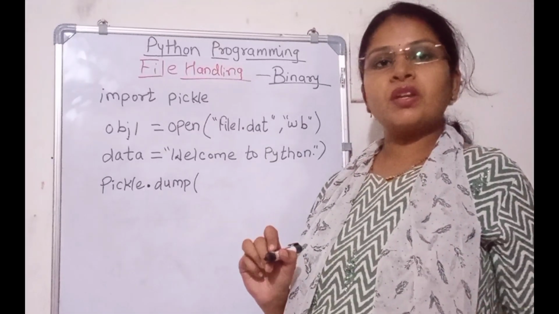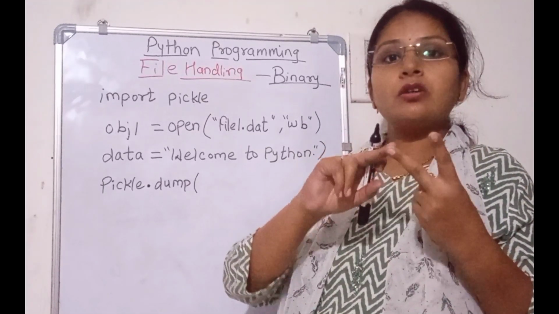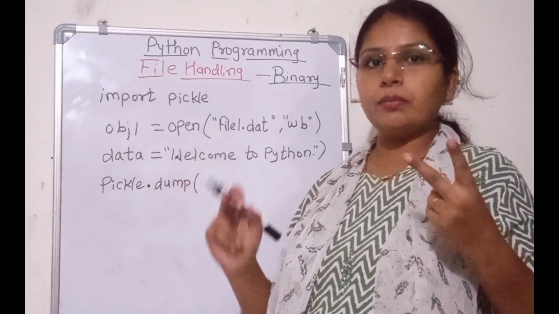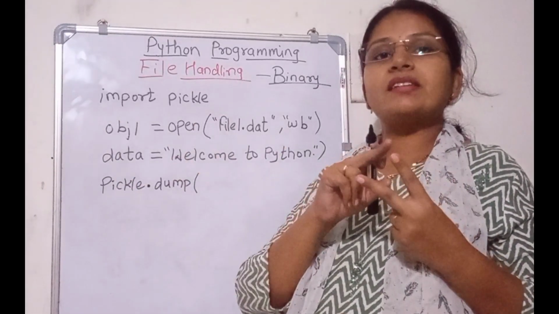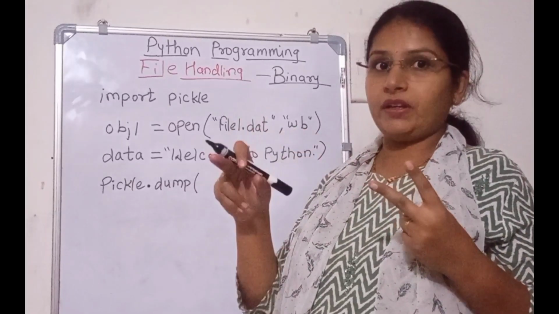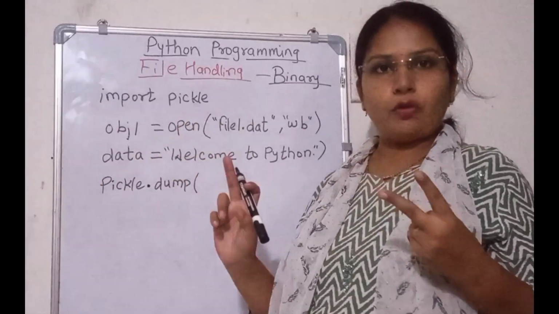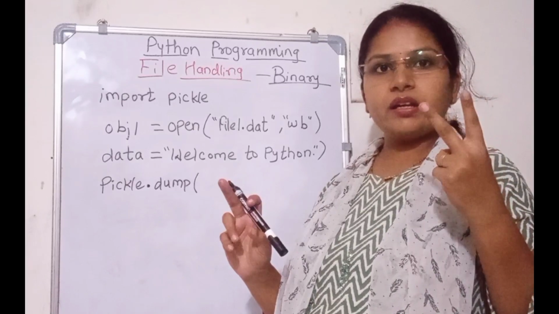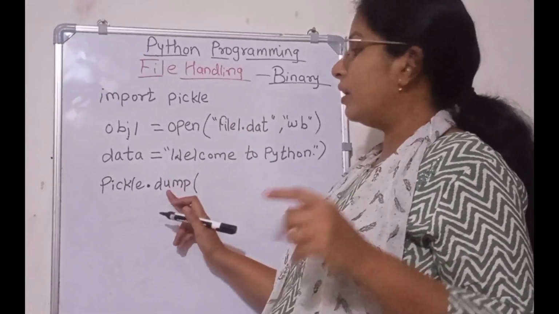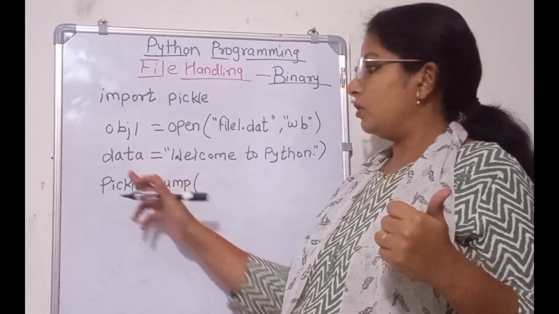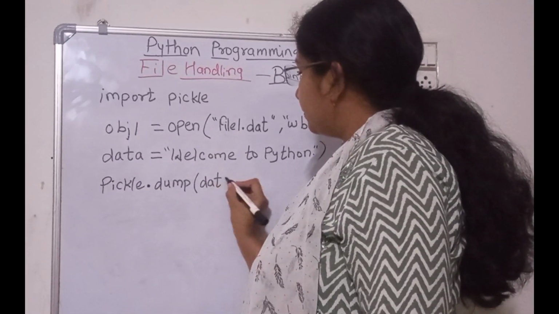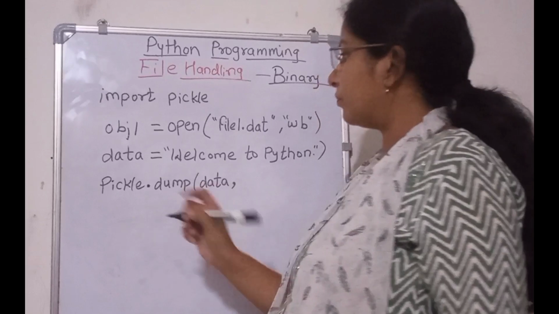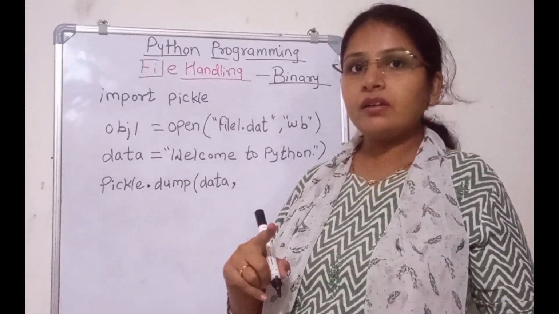Which arguments? Two arguments. First, what data to dump, what data we need to dump to the file, and second, where we are dumping to the file. How? With the file object. तो दो आर्ग्यूमेंट लगेंगे हमें. फर्स्ट इज योर डेटा ऑब्जेक्ट, ठीक है, जो है आपका डेटा. सो डेटा, कॉमा, where we are dumping to the file.